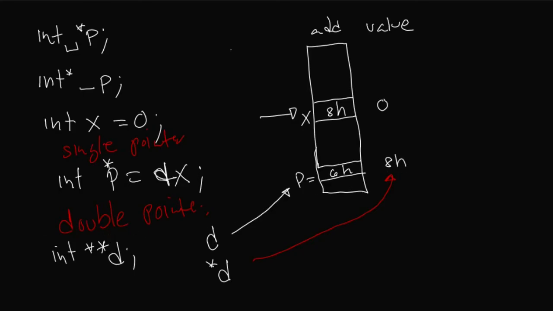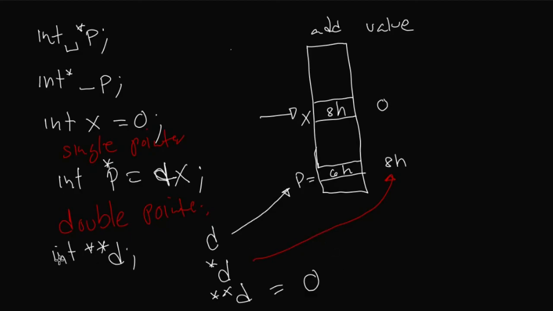And then if we dereference this again, since 8H is this one, we get the value of 0. So **d is equal to 0, which is of course an integer.